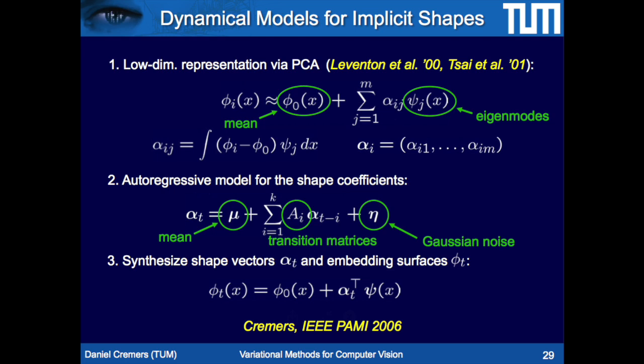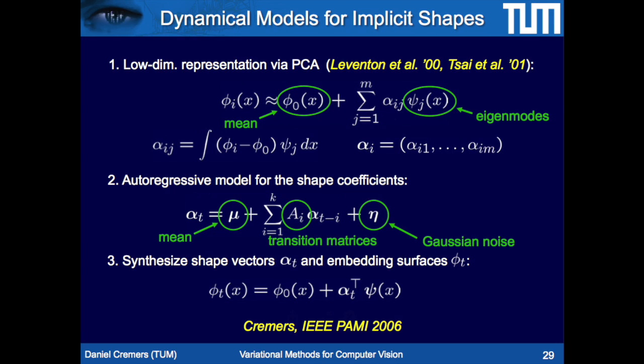And then the thing that makes it a stochastic model, a model that is not fully deterministic, is that you add some Gaussian noise at each time. And the Gaussian noise has a certain covariance matrix. The fact is you can actually fit such a model to your training data, and easily determine, for example by least squares, the mean, the transition matrices, and the Gaussian noise parameters. And once you have these parameters, you can simulate sequences of walking people.